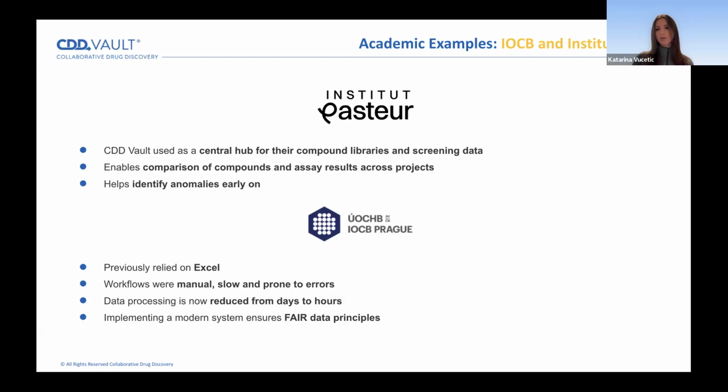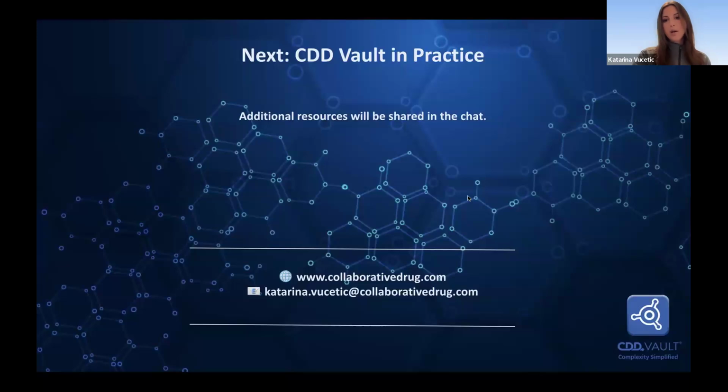But modern tools also ensure the data is FAIR, which is one of the more important principles in science, and it's becoming even more relevant today. That means the data is easily findable, accessible, interoperable, and reusable. And I won't take a lot more time because Susana needs to show you the system and how it's used, like I said, in practice.